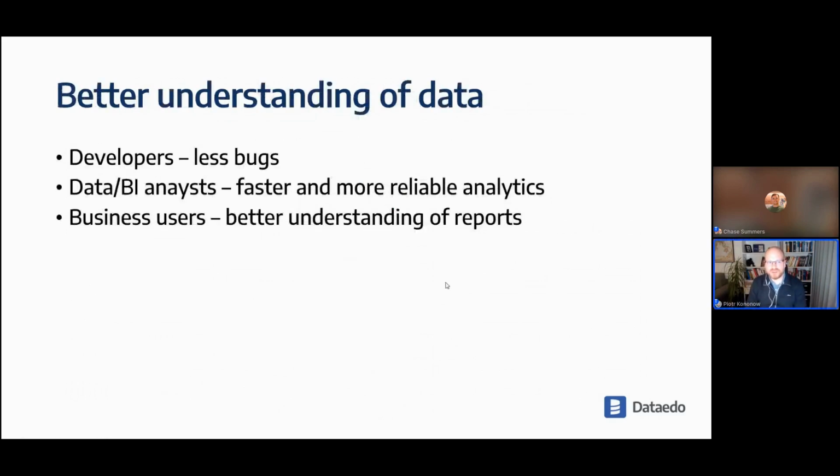Reference data documentation provides a better understanding of data for everyone. So developers make fewer bugs. Data and BI analysts are much faster with their analytics, and the results are more reliable. The case with deleted or disabled documents is a good one, because if you don't exclude that information, then the values on the report are incorrect.